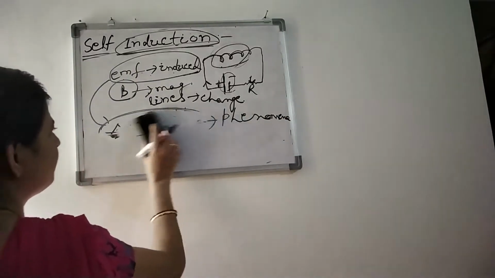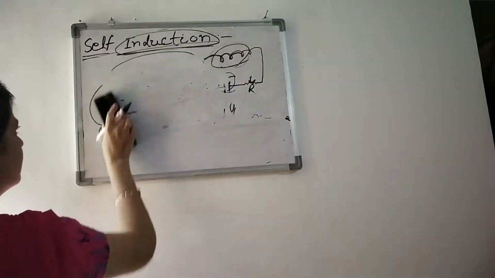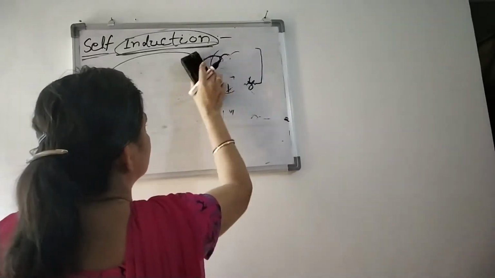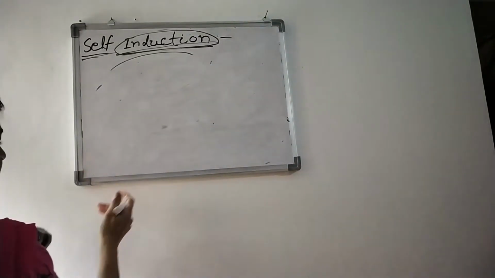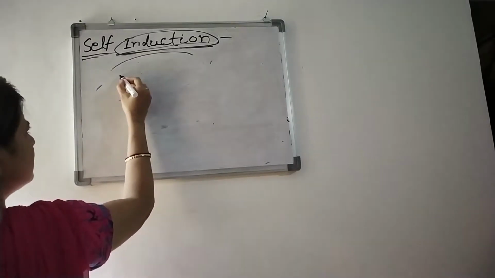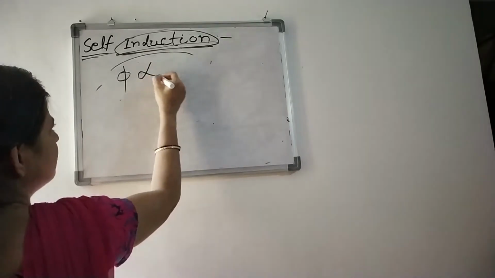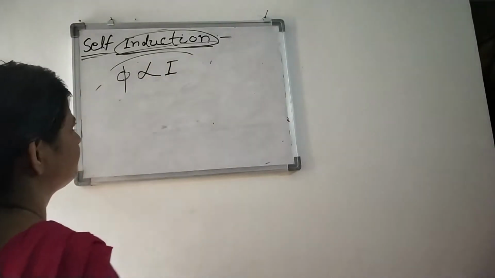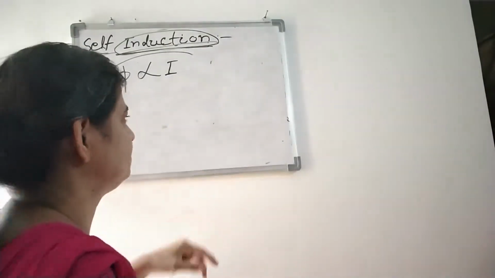According to Faraday's laws of electromagnetic induction, the magnetic flux, which is denoted by the symbol phi, is proportional to I, as discussed in the circuit.